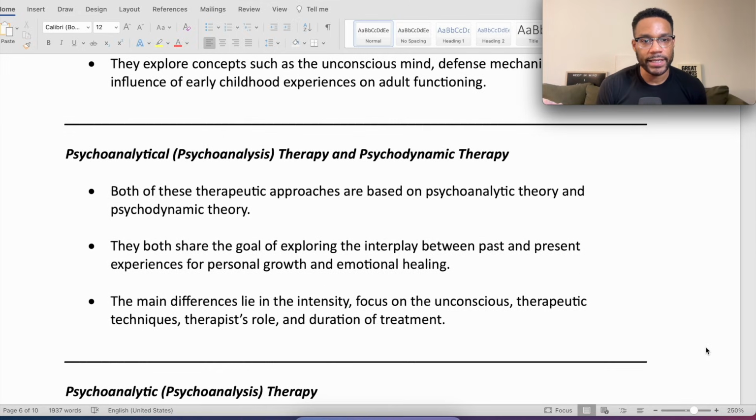So, psychoanalytic or psychoanalysis therapy and psychodynamic therapy, both of these therapeutic approaches are based on psychoanalytic theory and psychodynamic theory. They both share the goal of exploring the interplay between past and present experiences for personal growth and emotional healing. The main differences lie in the intensity, focus on the unconscious, therapeutic techniques, therapist role, and duration of treatment.